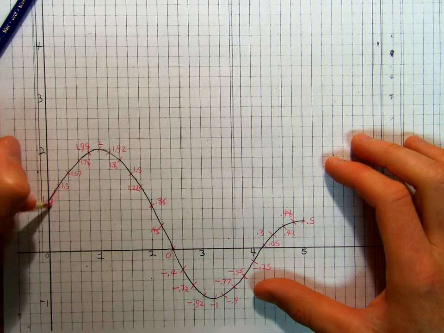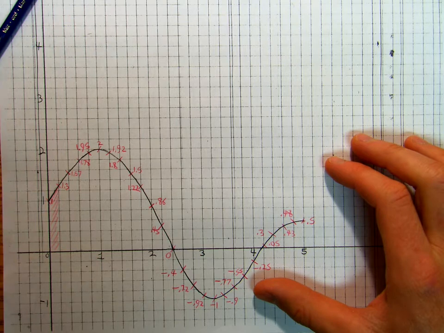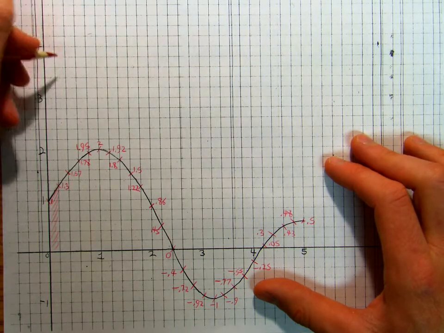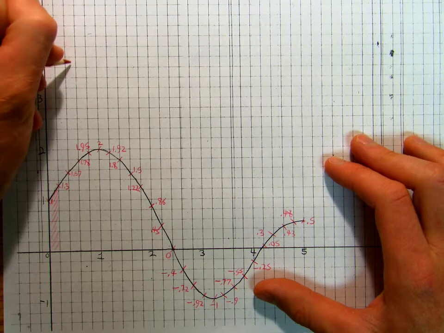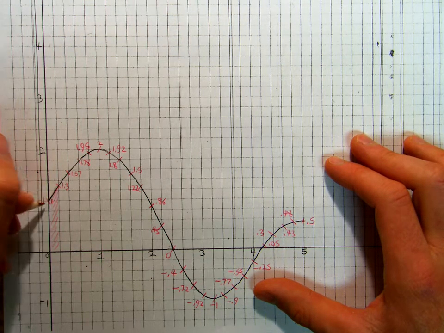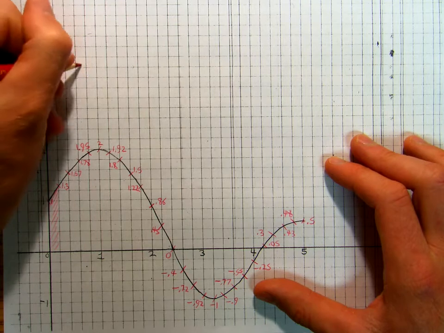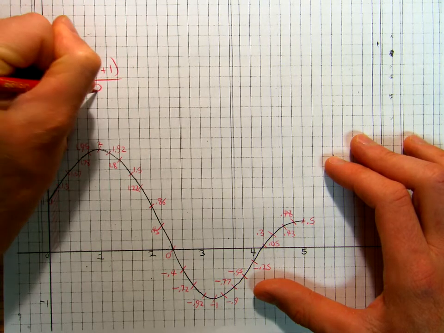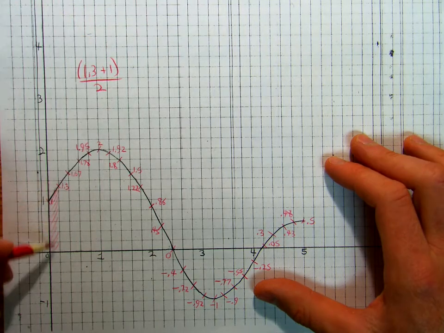Okay, so what I'm going to do is say that this area there is going to be, the average of 1.3 and 1, which would be 1.3 plus 1 divided by 2.